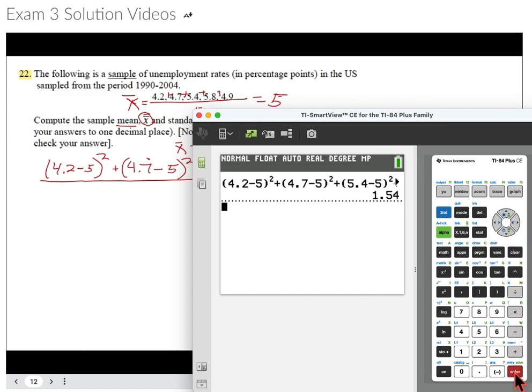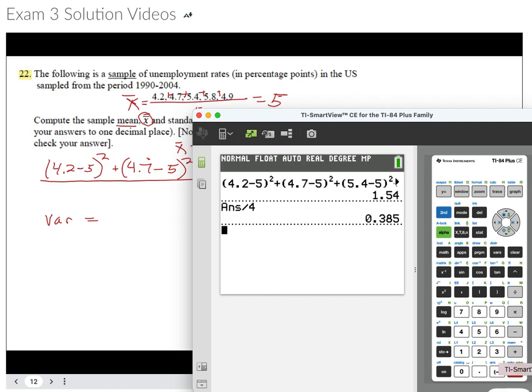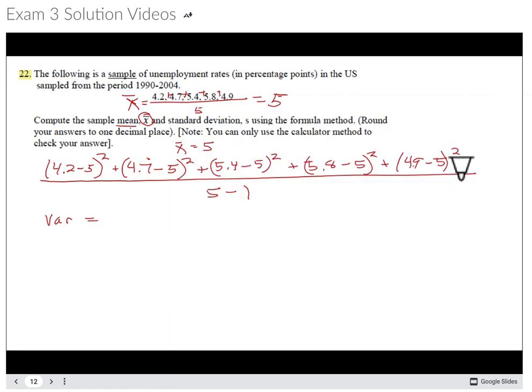That gives us this number, and then we're wanting to divide by 4. 5 minus 1 is 4, so we're going to divide this by 4. And so there's our variance. So we'll write that down. Variance was, look at it close enough, 0.385.